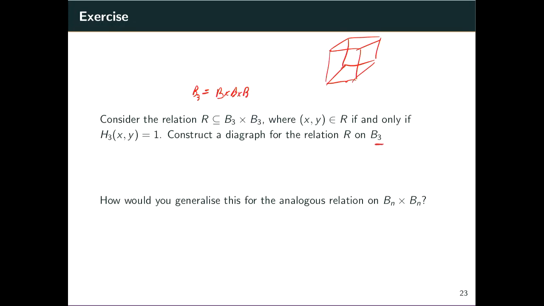And then my question is, how would you create a similar relation on Bn times Bn, and what would that digraph look like? That's probably a good thing to think about, and this should appear in later weeks where we're going to look at applications of this. So that's it for today, and if you have any questions, come and see me.